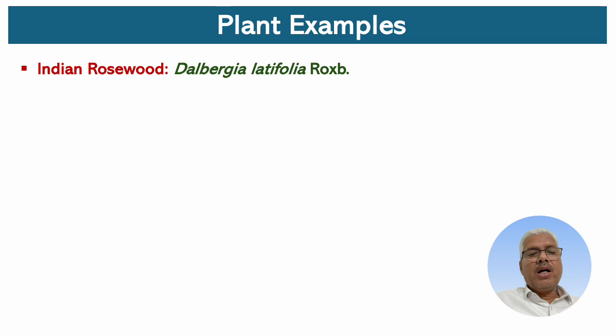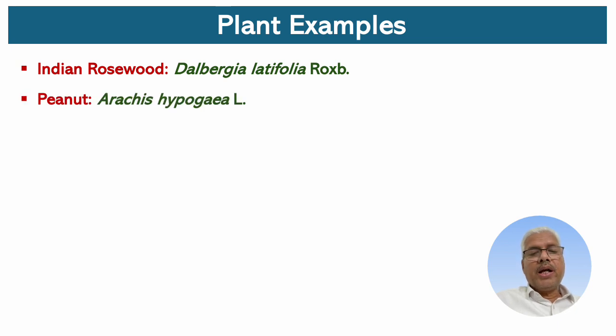So latifolia literally translates to wide-leaved or broad-leaved. This name refers to the characteristic broad leaves of this particular Dalbergia species. The Roxb. stands for William Roxburgh, a Scottish botanist. He made extensive contributions to the study of Indian plants, and described Dalbergia latifolia.